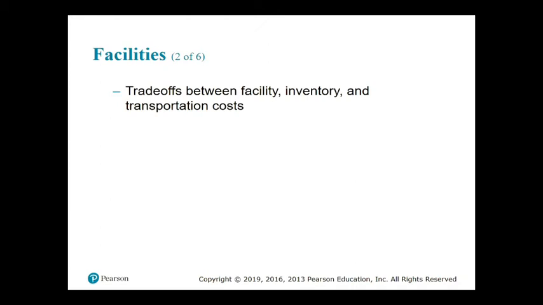Increase inventory and decrease transportation costs, right? So it increases inventory costs because there are more locations for inventory, and for each location there is less economy of scale. And for transportation, the costs tend to decrease because the distance that needs to be traveled is decreased.